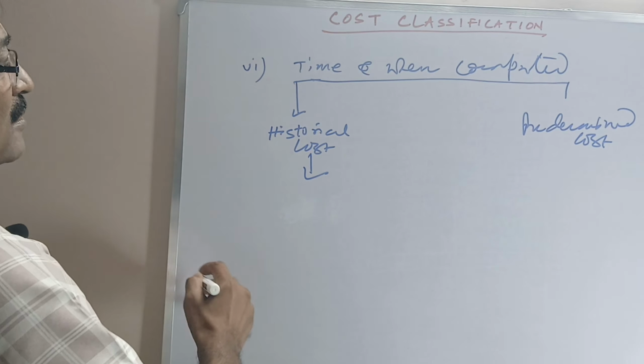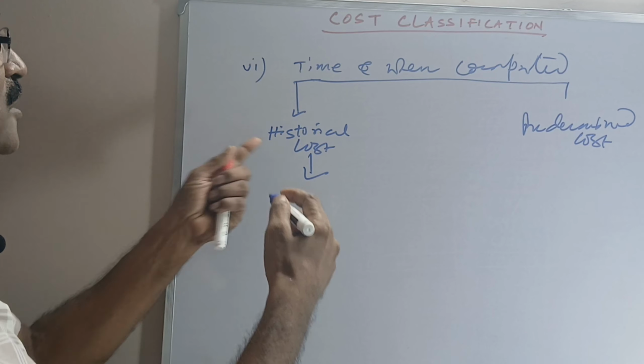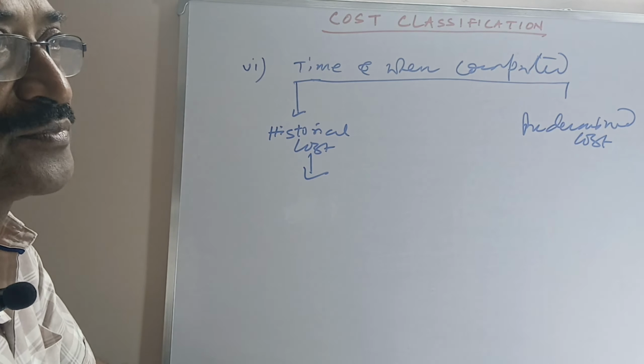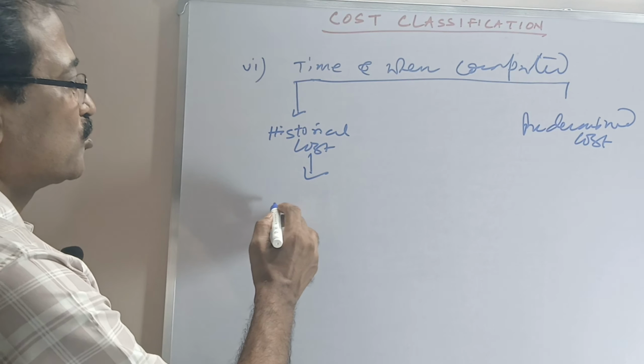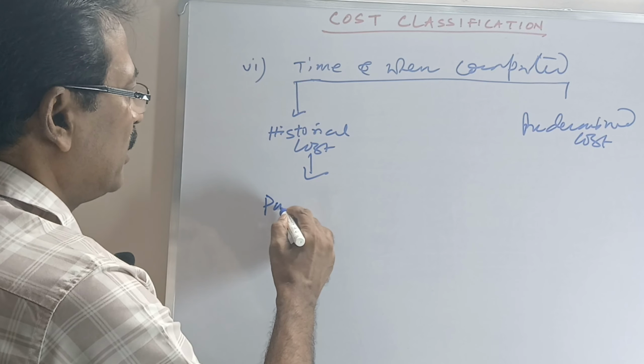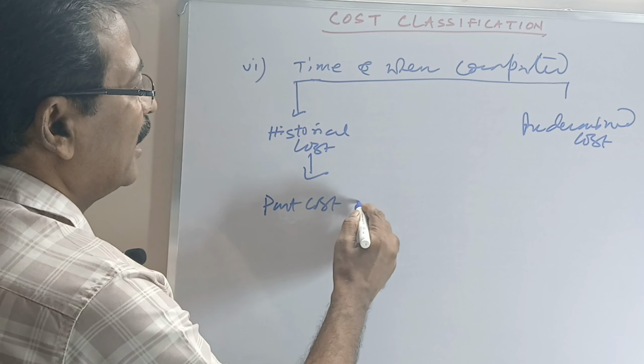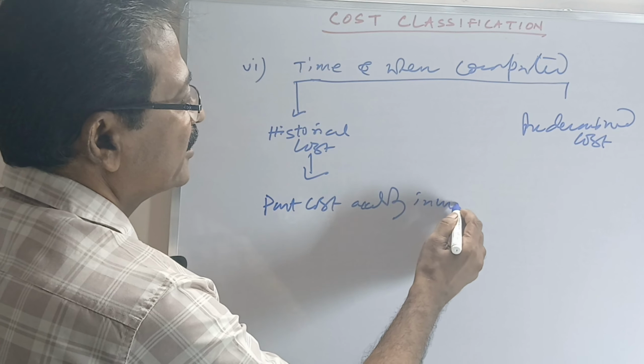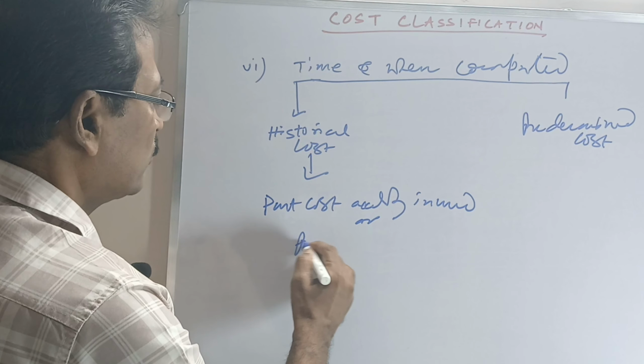Historical costs are those costs actually incurred. This is the past cost or post-mortem cost.